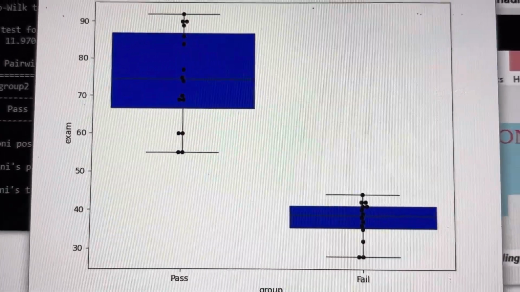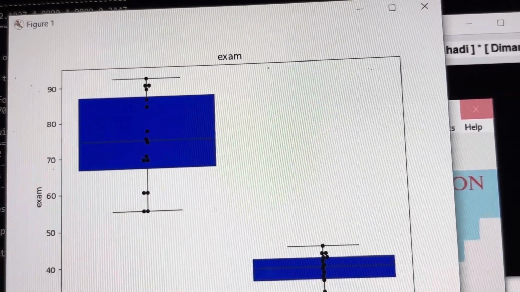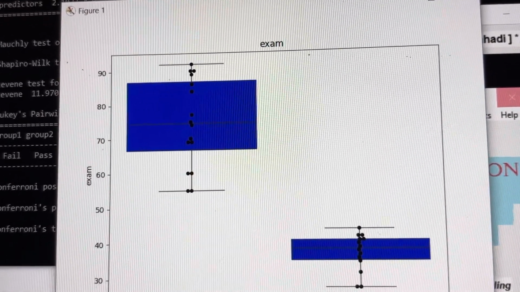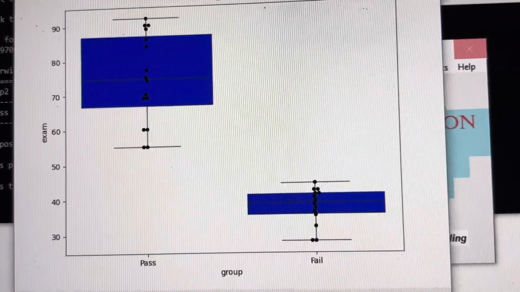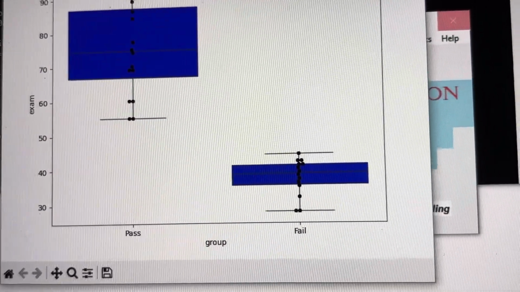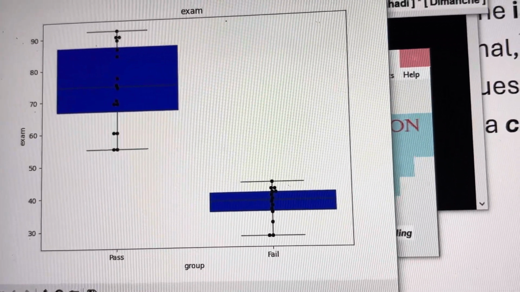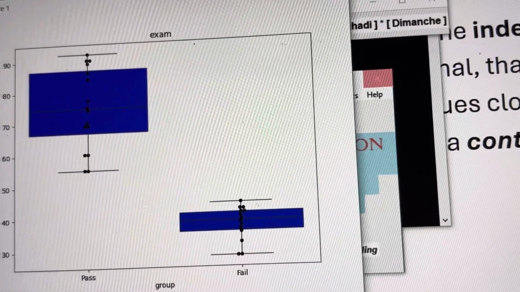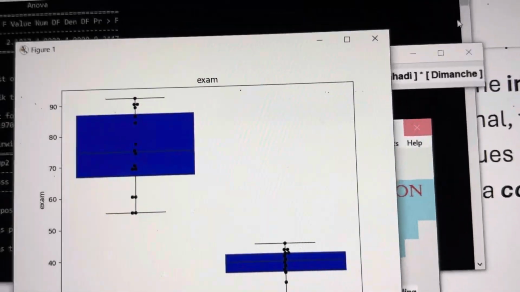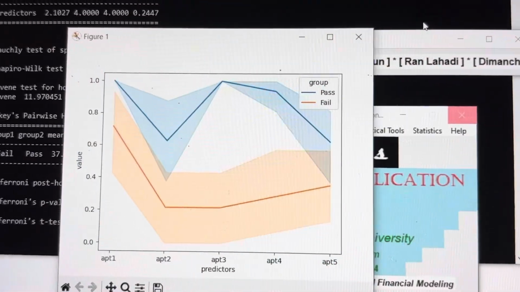You can see the leg of that box is below 60, while the upper is above 90, to show that we also have something like 92 there. But this one now, the leg is below 30, and then the upper part of the leg is above 40, to show that there are some people with 40 marks or 42 there.